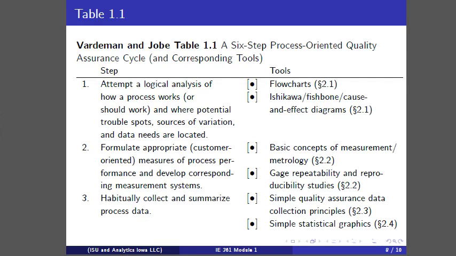That is, we've structured these modules around the 6-step process-oriented quality assurance cycle from Vardeman and Jobe, and we've talked about steps 1 and 2, and now are to the point of talking about step 3 and tools that are associated with step 3. In this particular lecture, we're going to talk about some simple quality assurance data collection principles.